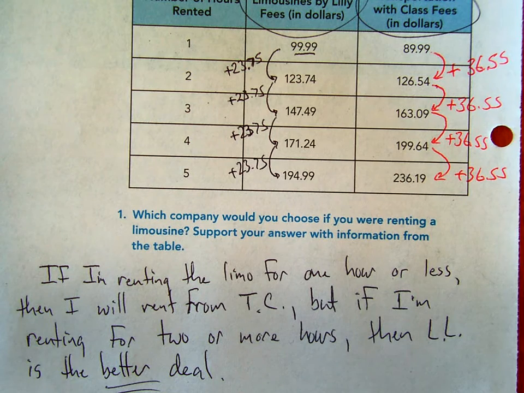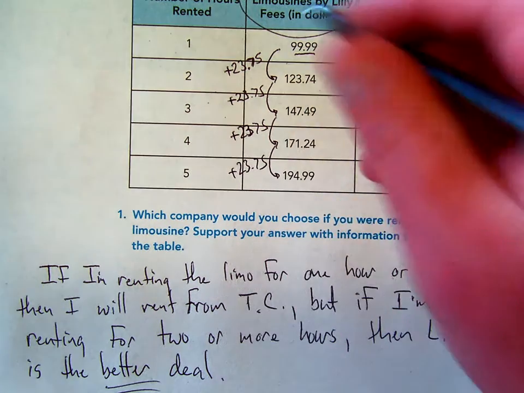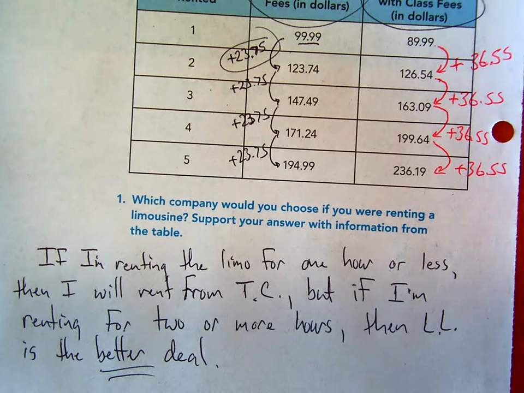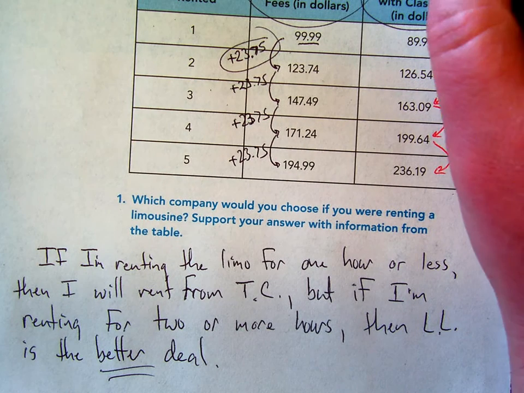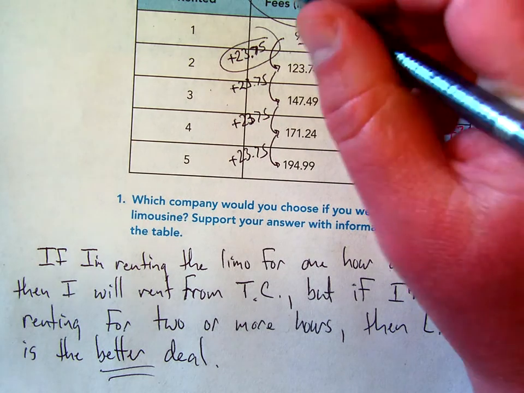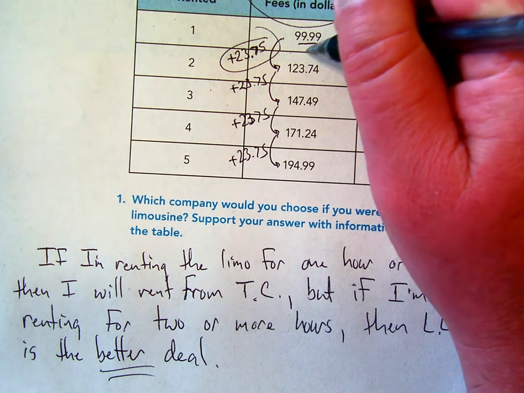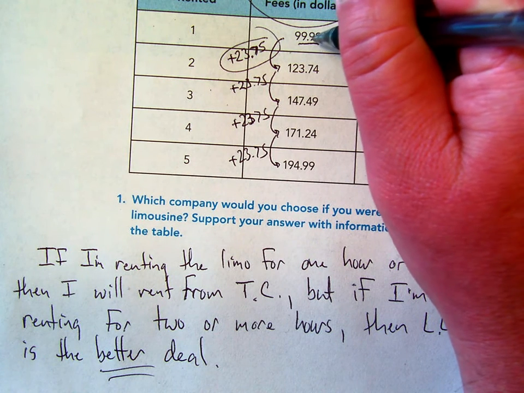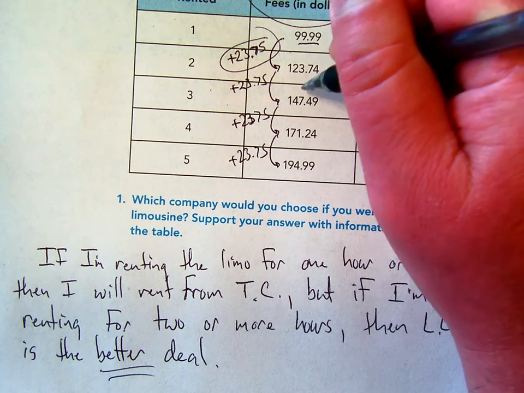So in this case, again, our rate for Limousines by Lilly, her slope or her rate of increase is 23.75. But what's going to come into play in the pages to come is the first hour costs $99.99, and then it goes up every hour after the first hour by $23.75.